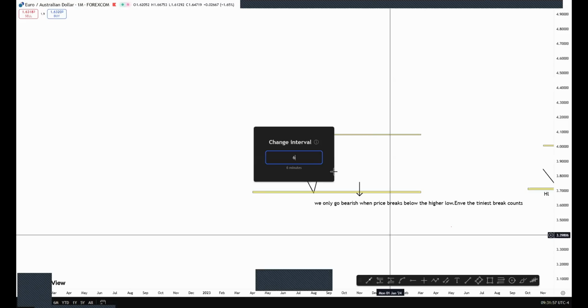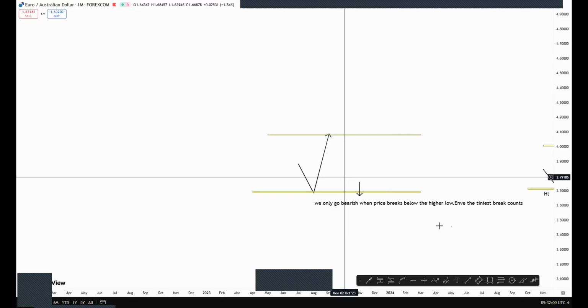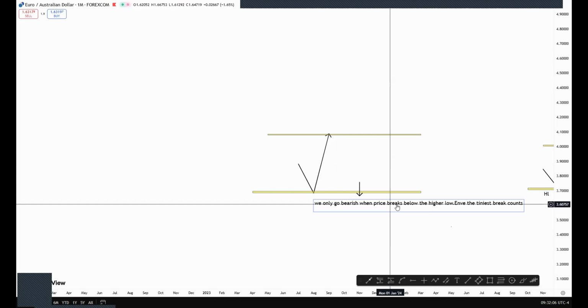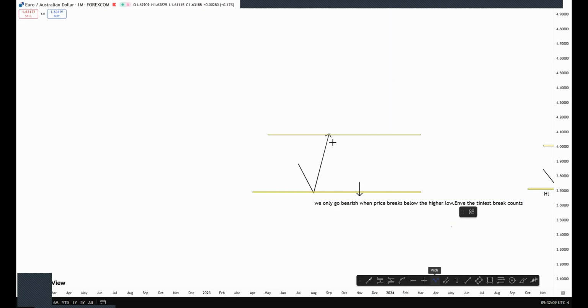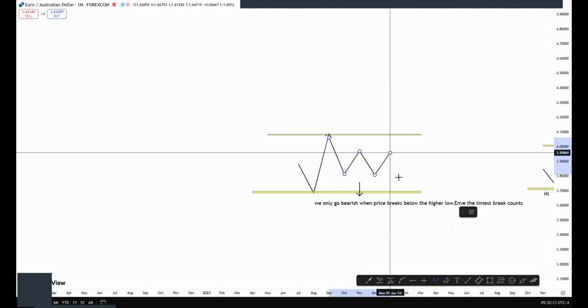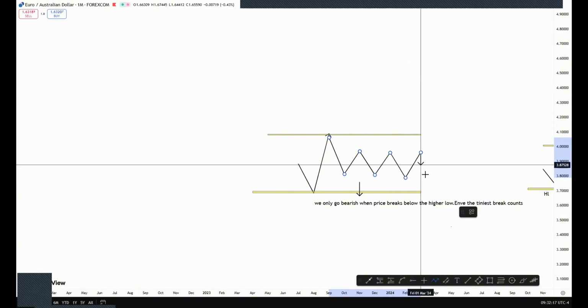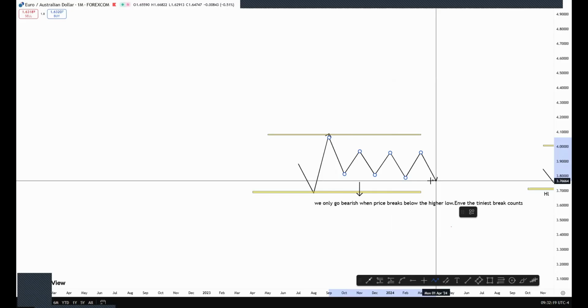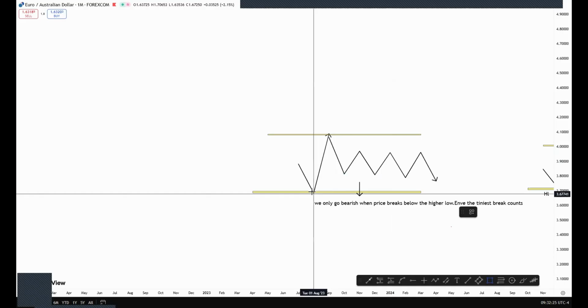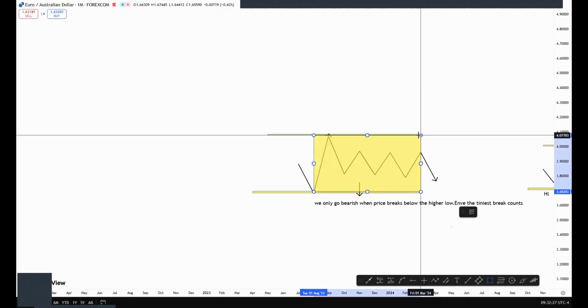Since even this tiniest break counts, we're implying that whatever happens within this box here, price is still bullish.